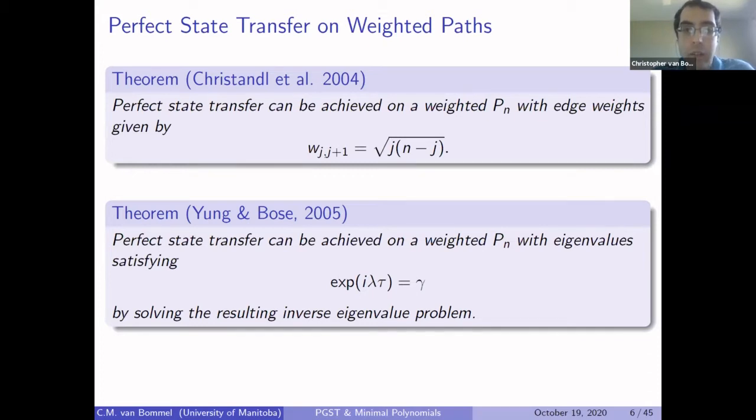And in general, it was found you can achieve weightings that give perfect state transfer by predetermining the eigenvalues you want that satisfy specific conditions, and then solving the inverse eigenvalue problem you get.